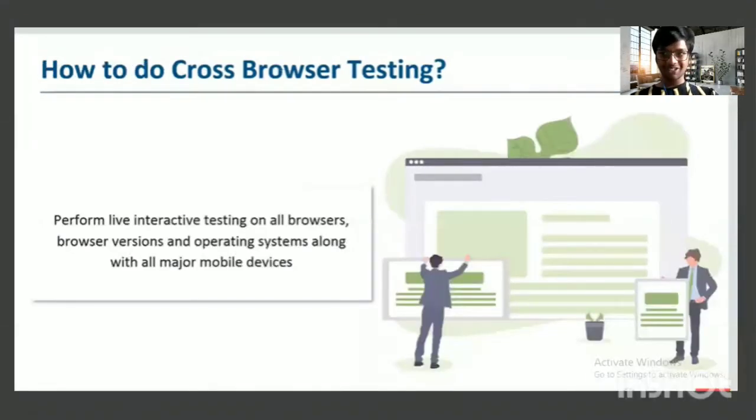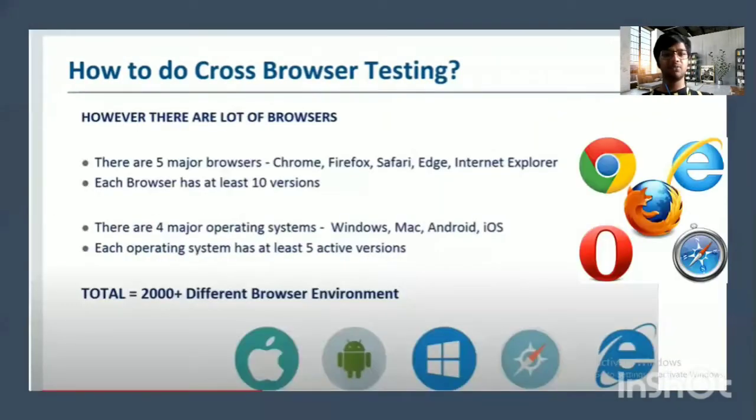Then how to do cross-browser testing? We need to perform live interactive testing on all browsers, browser versions, and operating systems, along with all major mobile devices. Let us take the major operating systems: Windows, Android, macOS, and the important web browsers: Google Chrome, Opera Mini, Safari, Microsoft Edge.